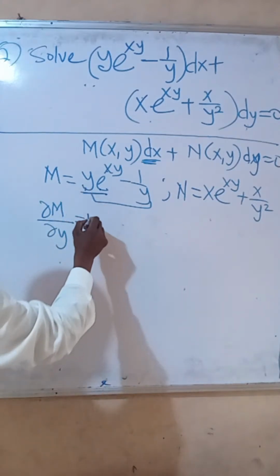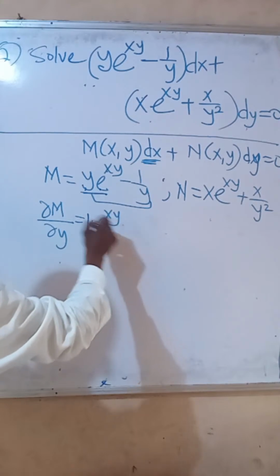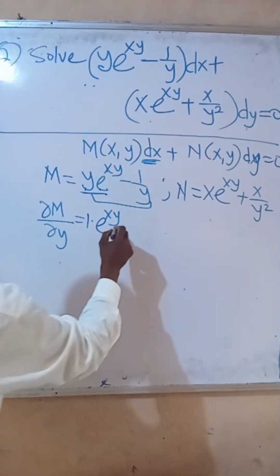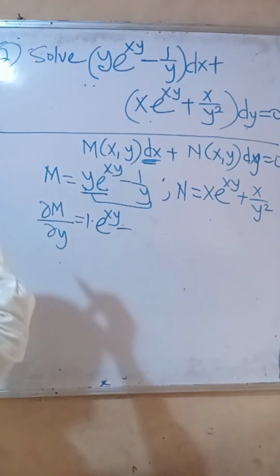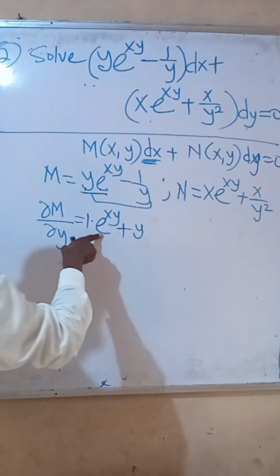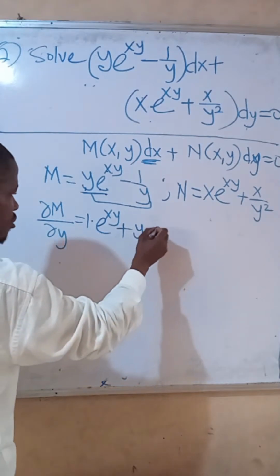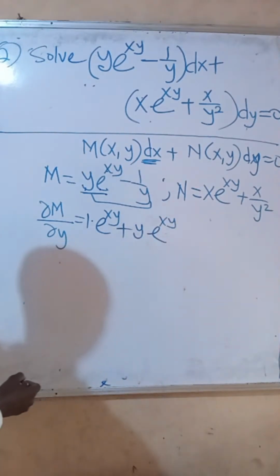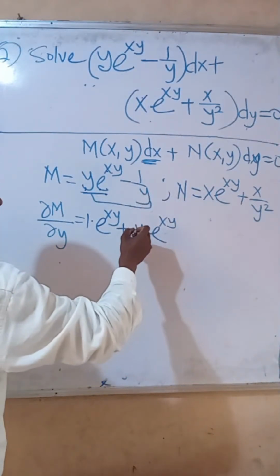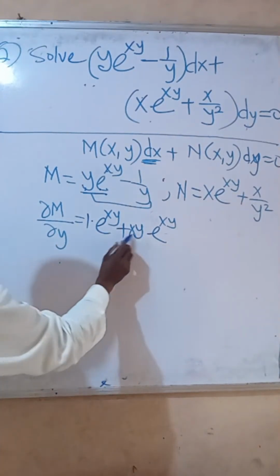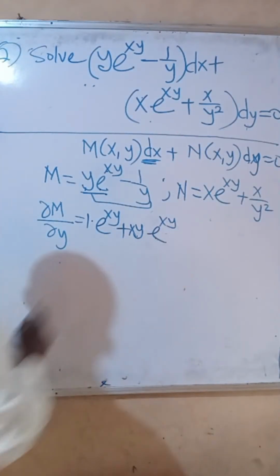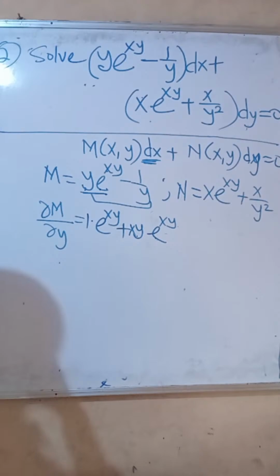That'll be 1, and then e to power xy. Then plus, now keep your y constant and differentiate your exponential function. That'll be this, and then the power, which is xy, do that with respect to y. That'll be x. So we have xy e to power xy. So that's all we have in that place.